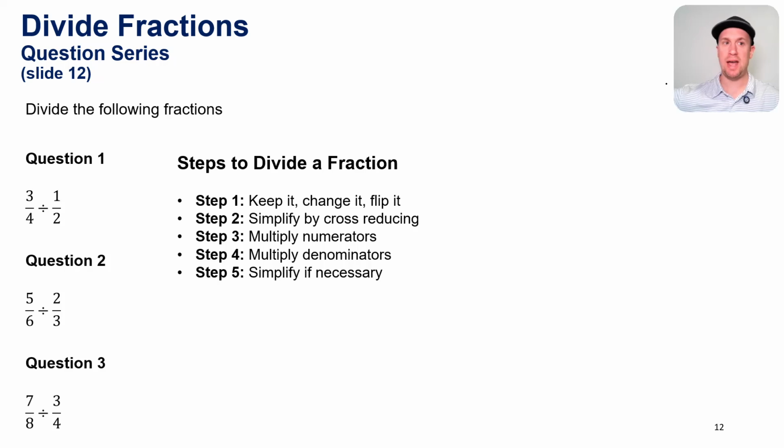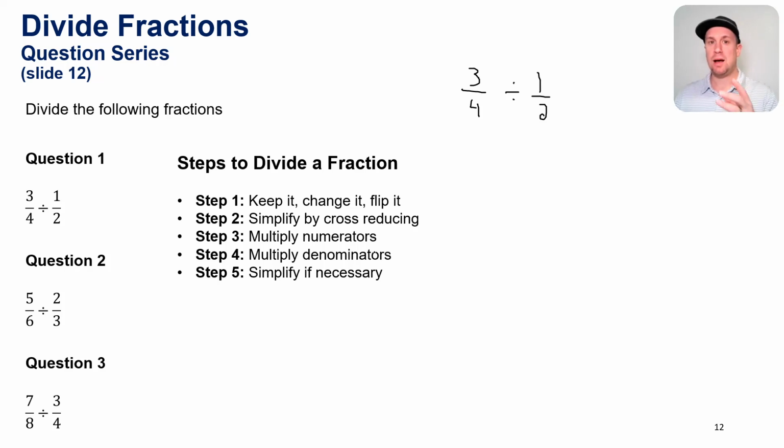Okay, so now let's go ahead and work on some division of fraction problems. So let's start with 3 over 4 divided by 1/2. Now I have a process, an algorithm here that we can use to work with fractions. So this is one way of doing it. You can also visualize fractions as well to help you solve.